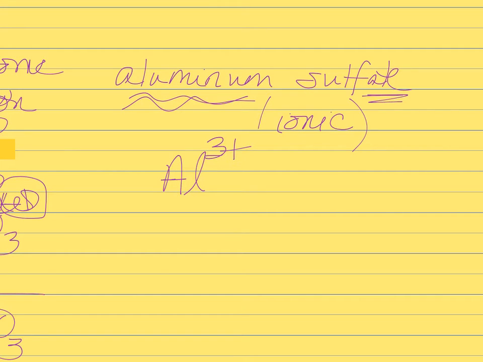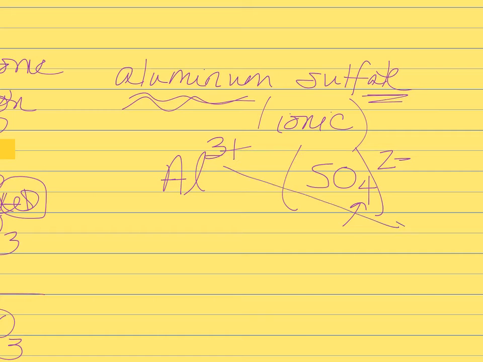Sulfate, the fact that it ends in -ate tells us that it's a polyatomic, so look that up. It's SO4 with a -2 charge. It's safest when you're working with polyatomics and writing a formula that you put them in parentheses. That'll remind you not to mess with the subscripts that are part of the polyatomic ion itself.